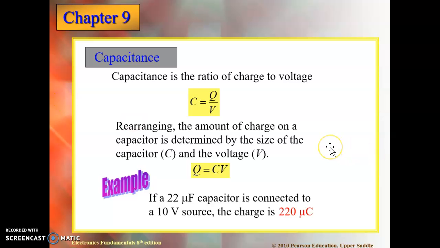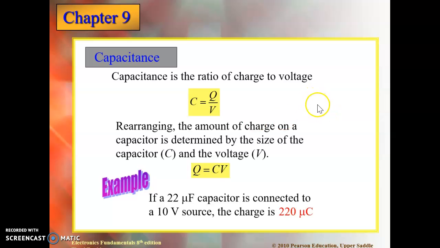But what is capacitance? Capacitance is the ratio of charge to voltage. It is represented by the capital letter C and is equal to the charge stored over the voltage held.